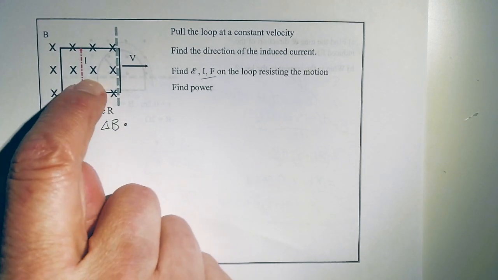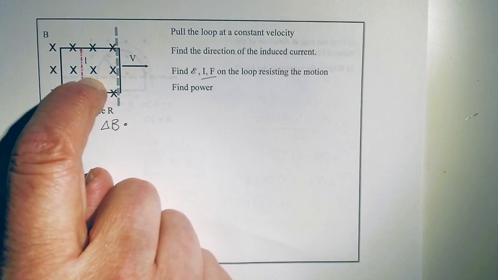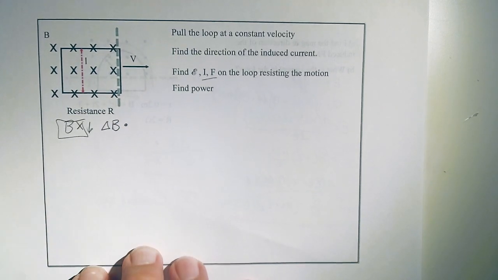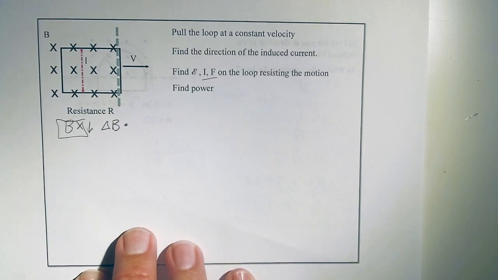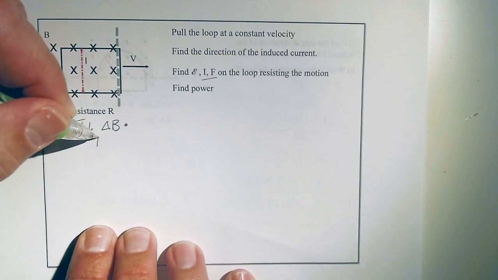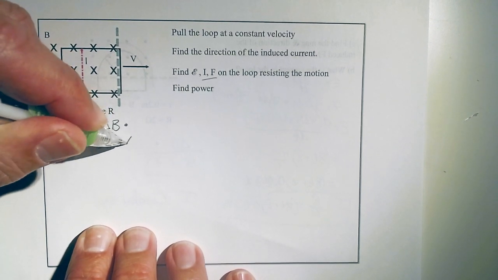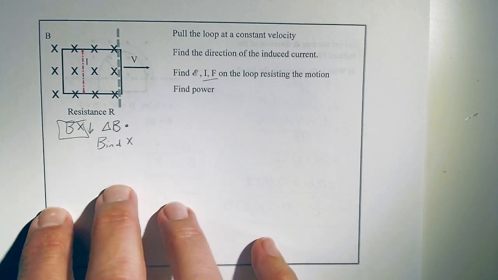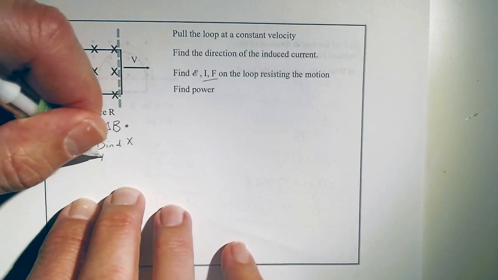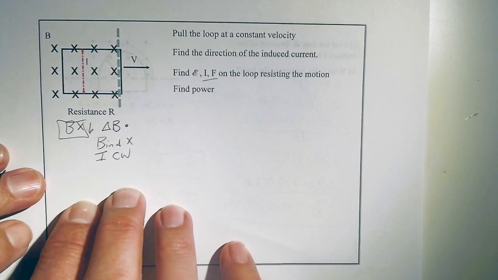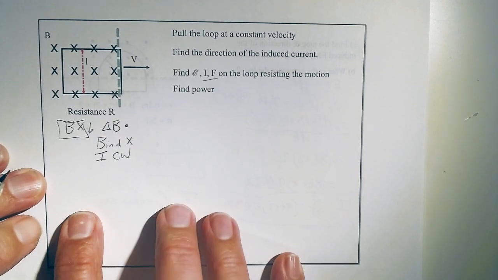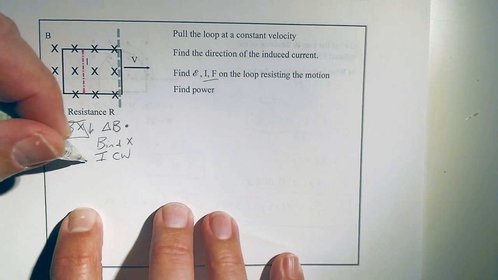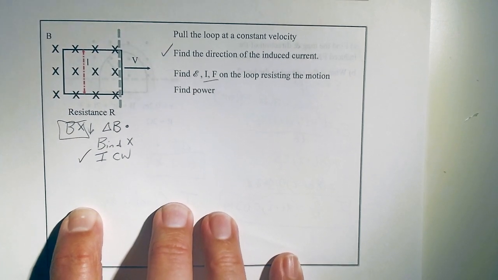The flux into the page is getting smaller, which is functionally the same as out of the page getting bigger. So the B induced ends up being into the page. What kind of current puts it into the page? I'll leave it as an exercise. It must be clockwise. Okay? So that's the first thing. We've checked that off.